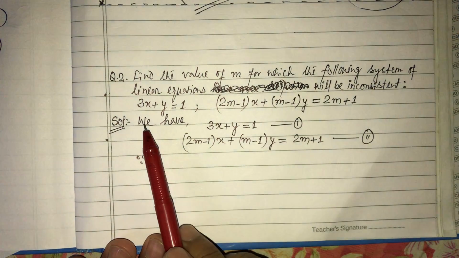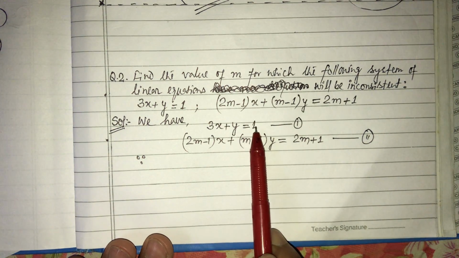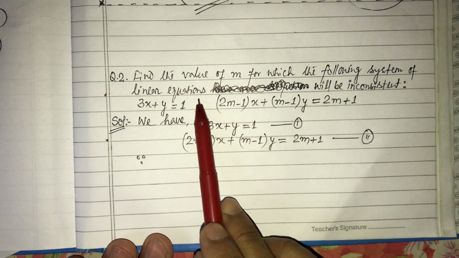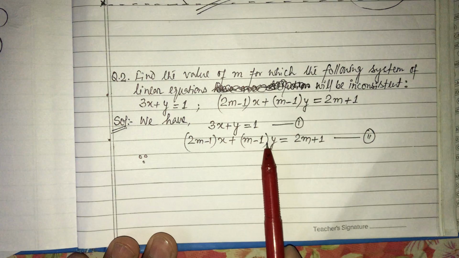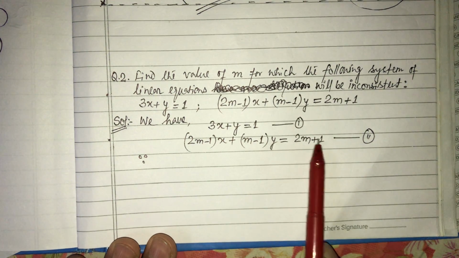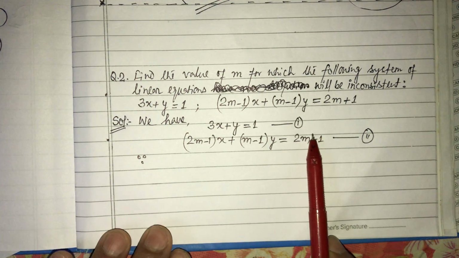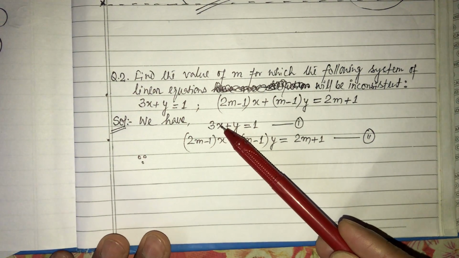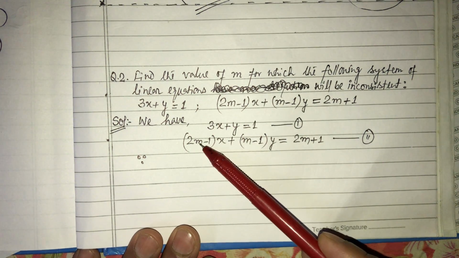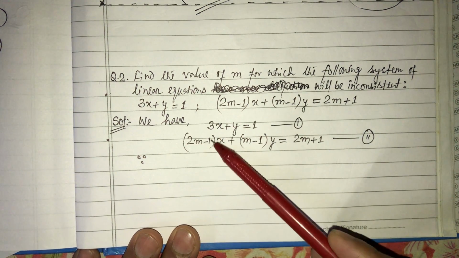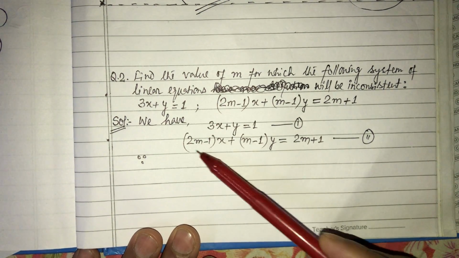So we have 3x plus y is equal to 1, this is the first equation, and (2m minus 1)x plus (m minus 1)y equal to m plus 1, second equation. Okay, so we write equation 1, equation 2 here, and we know the coefficient of x is 3 in the first equation and the coefficient of x is 2m minus 1, this whole term inside the bracket, in the second equation, meaning this is a1, this is a2.